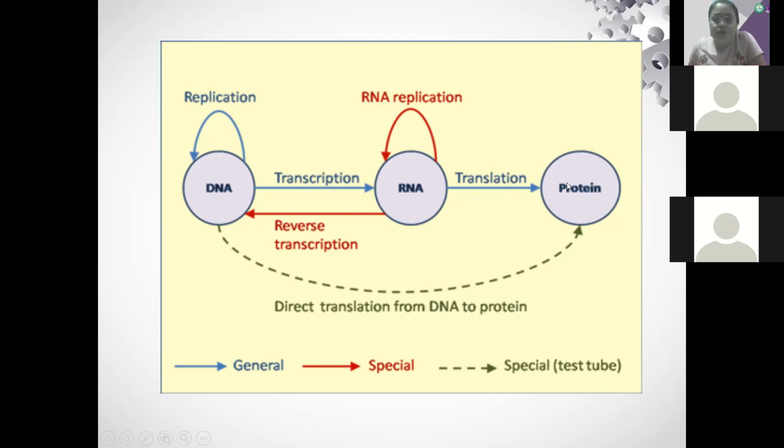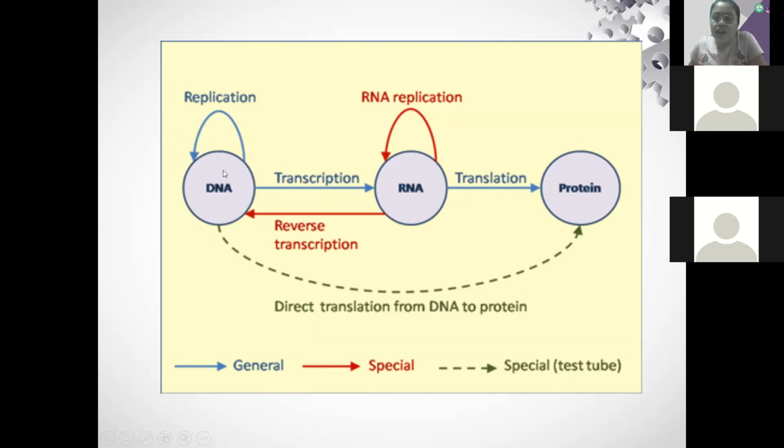And then next, we have the translation, that is the production of our proteins. Now, as you can see, we have a process that directly translate DNA to protein. We call that direct translation. From DNA, magiging protein na siya, hindi mag-undergo ng transcription.